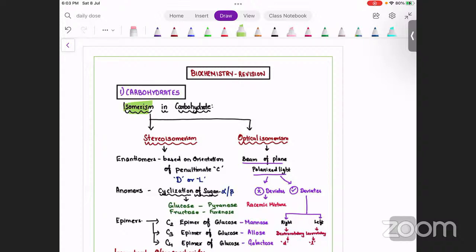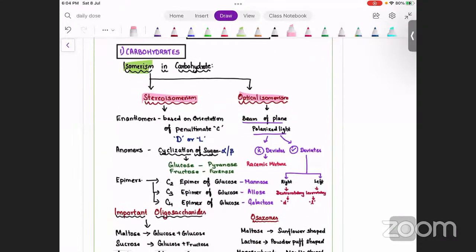Stereoisomerism includes enantiomers, anomers, and epimers, while optical isomerism is the one which is done through plane polarized light. So we first discuss optical isomerism, and then we discuss stereoisomerism.